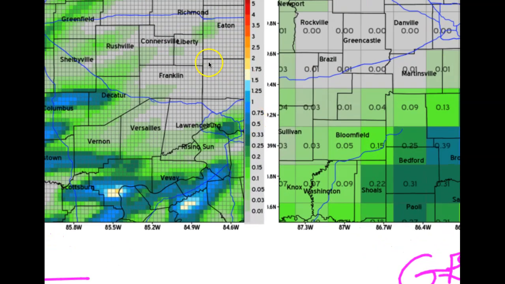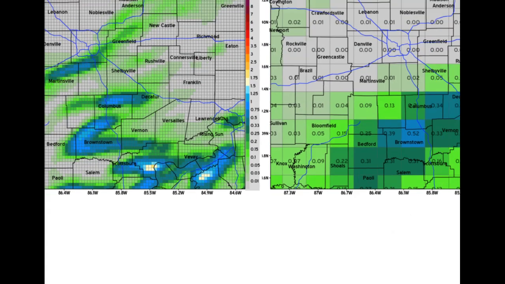I want you to see all these tiny little cells, these tiny little grid points here. This is the 3-kilometer grid spacing on the high-resolution rapid refresh model, equating to 1.8 square miles per grid. The GFS model here on the right is entirely different in terms of its resolution.